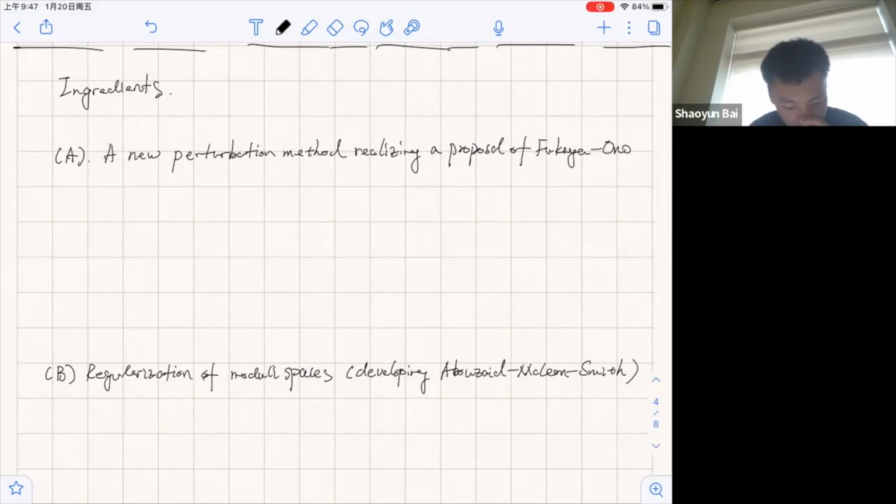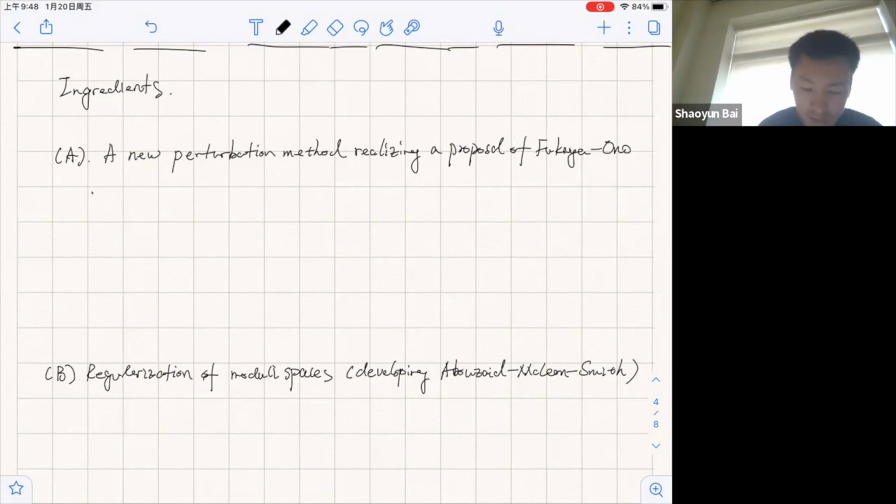And this method is actually part of what was worked out in the early joint work with Guangbo Xu, where we realized the proposal of Kaoru Ono. The second part is based on some kind of generalization of Abouzaid-McLean-Smith's recent development of a regularization technique for the moduli space of J-holomorphic curves. But we should do this in a Hamiltonian setting.